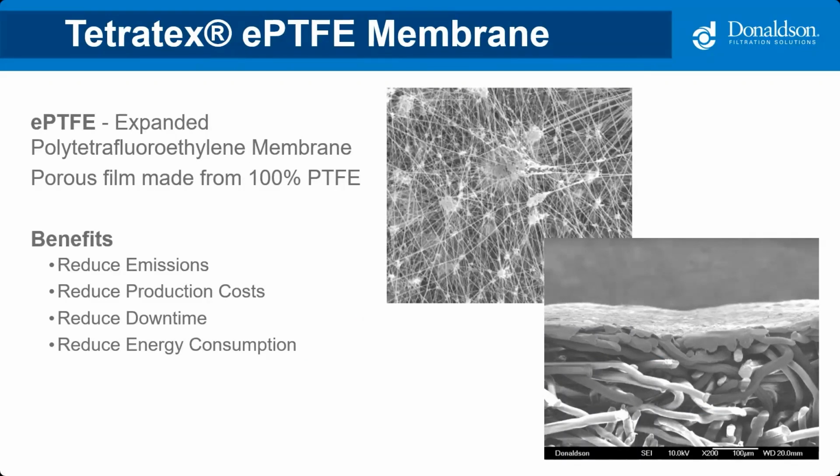You get a really, really fine filtration media. It's 99.99% efficient, and it also has a slick surface like the Teflon pan. The first company that did that put it on boots, gloves, clothes. It's called Gore. But many companies have been using this technology since.